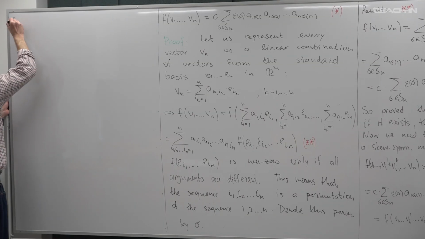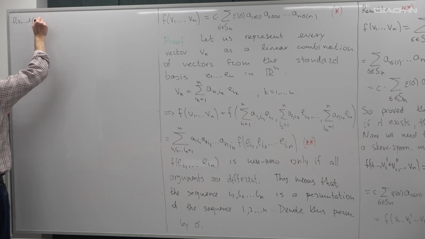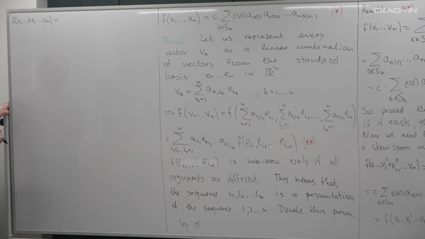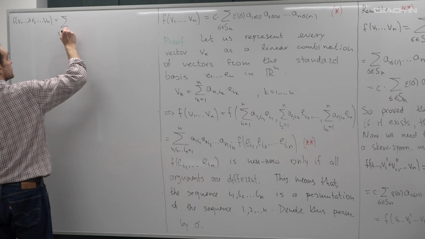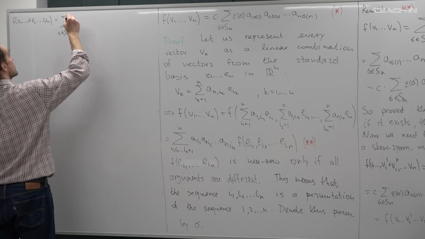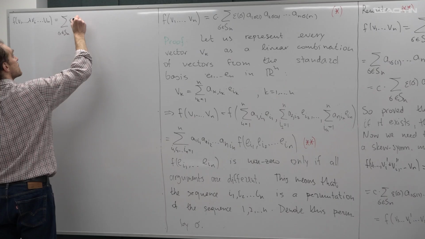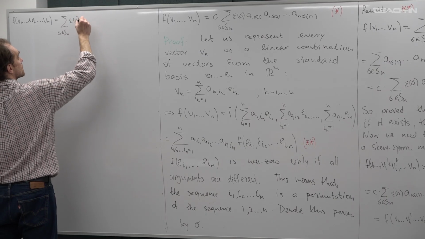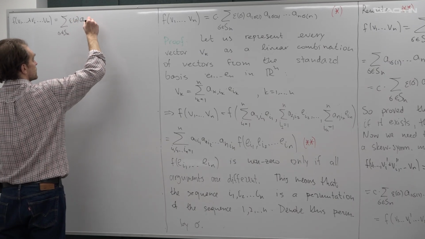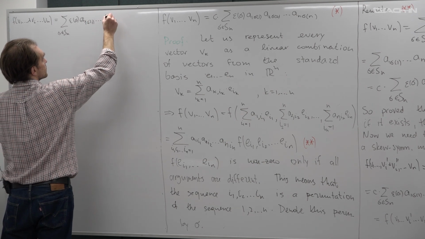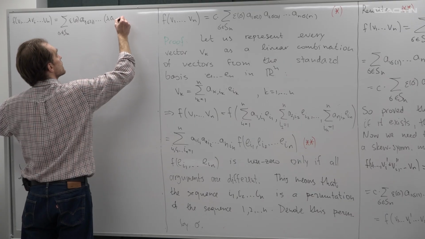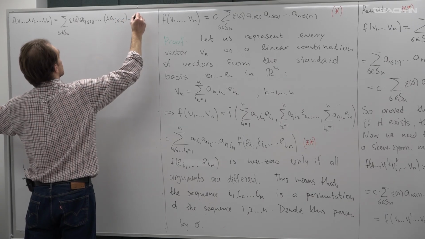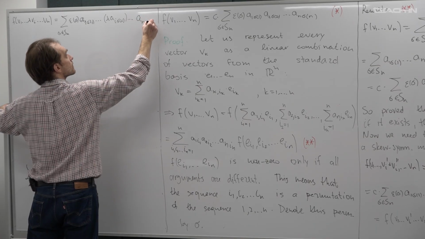Okay, so f of v1, etc., lambda times v sub I, vn. So according to our formula, it is the sum where sigma ranges over the whole symmetric group of epsilon of sigma multiplied by a sub 1 sigma 1, etc., then lambda multiplied by a sub I sigma of I, multiplied by the remaining part of this product.